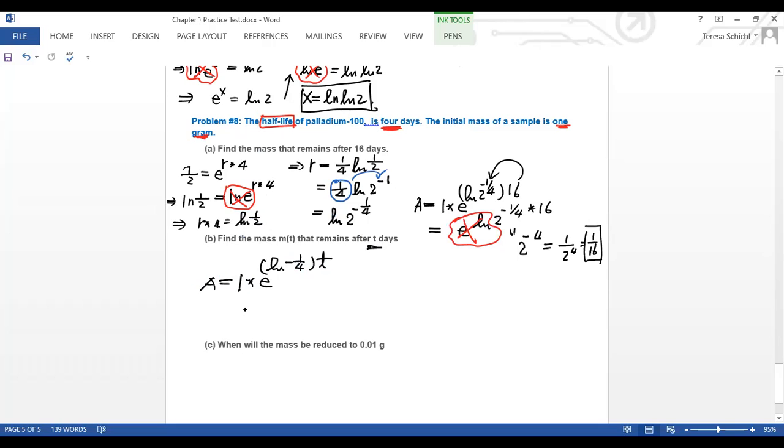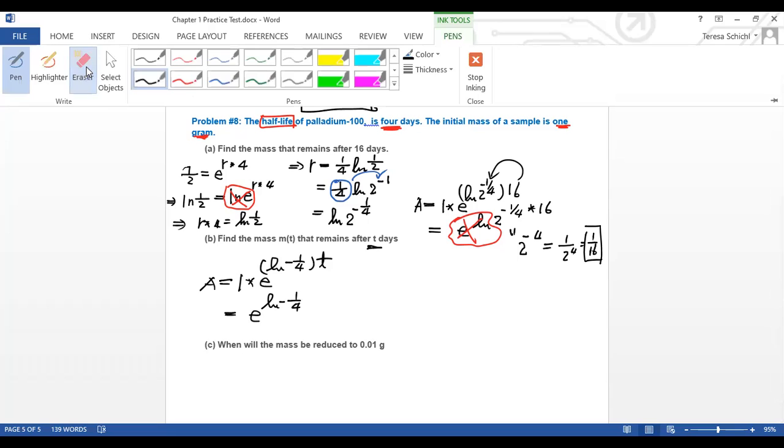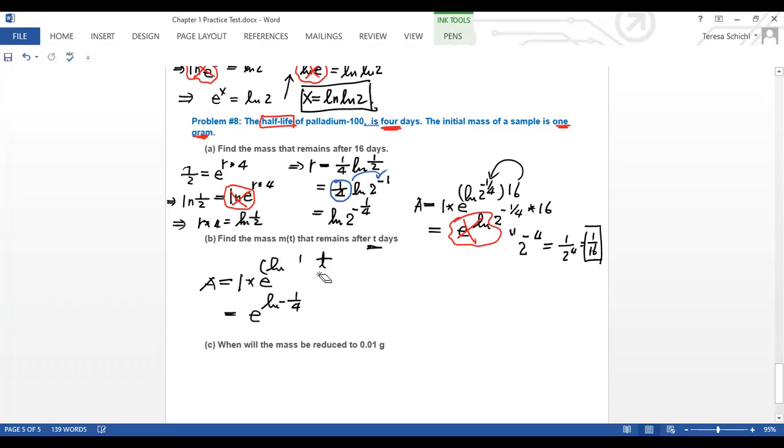So now you move the t inside. So it will be e to the natural log of 2 to the negative 1/4. And I'm sorry, here we're missing the 2 here. Right? So okay, need to be careful, cannot be rushing through.